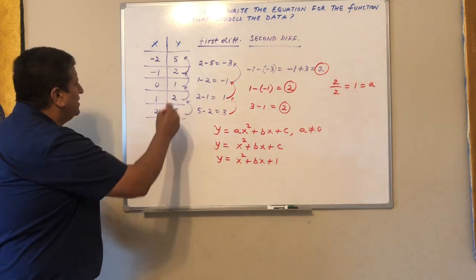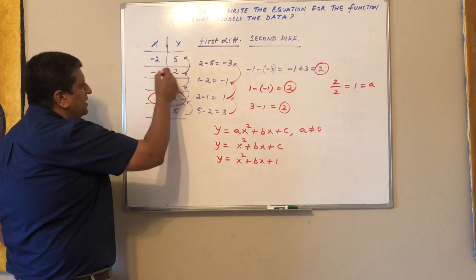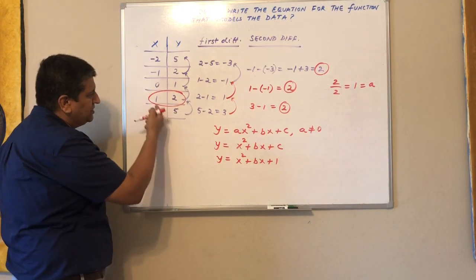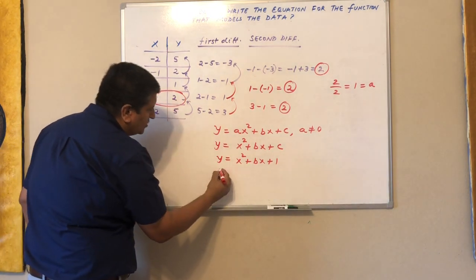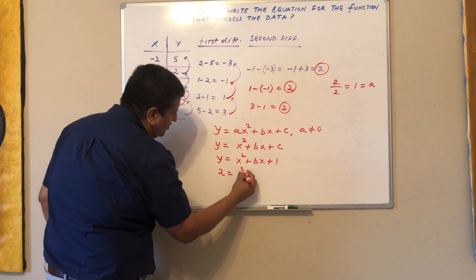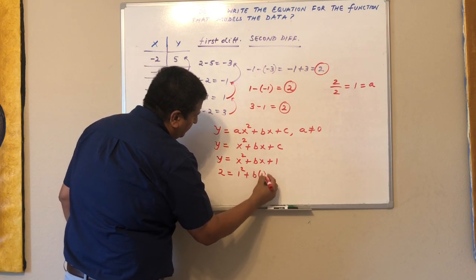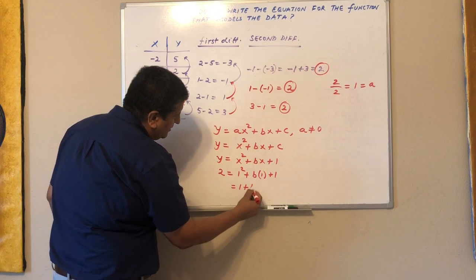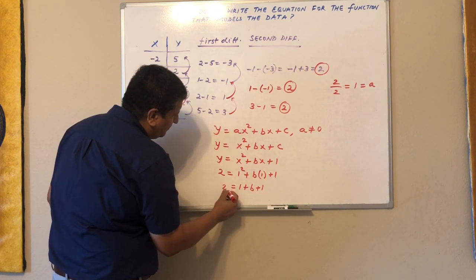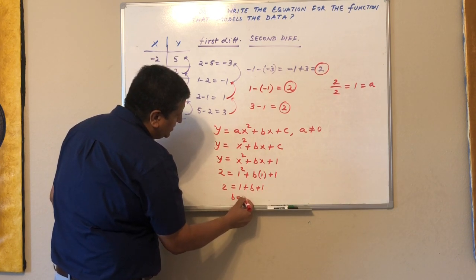So I'm going to pick another positive value. You can pick any other value, but I'm going to take the positive value. When x is 1, y is 2. And if you solve this, you're going to get b equals 0.